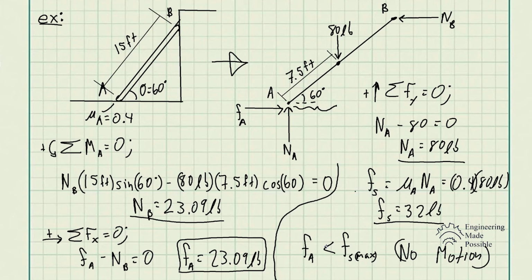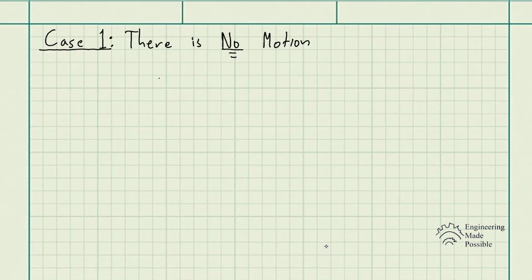So let's go over the three cases for the frictional forces. For case one, there is no motion. That means the frictional force that we solved for in the problem is less than or equal to the static frictional force, or the maximum, which is equal to the coefficient of static friction times the normal force.